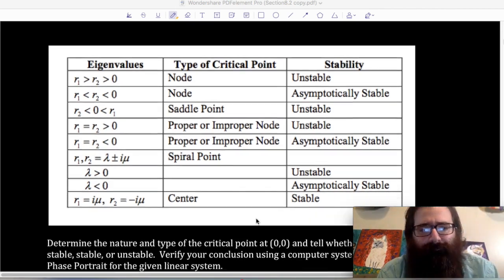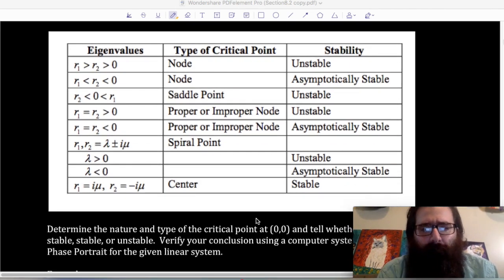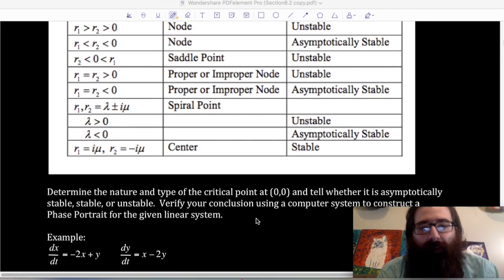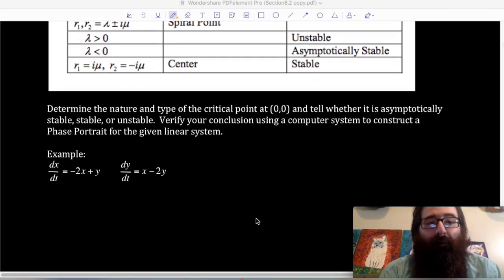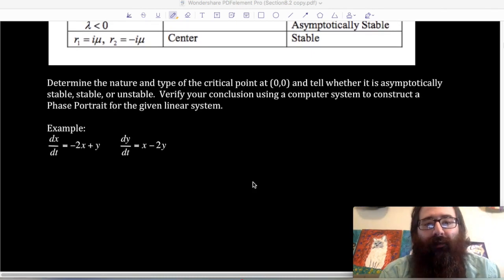We'll talk about how we can get this information very quickly from the eigenvalues, and we'll also try to connect it back to some things that we said earlier in the course. So first, we would like to determine the nature and type of the critical point at (0, 0), and tell whether it's asymptotically stable, stable, or unstable.